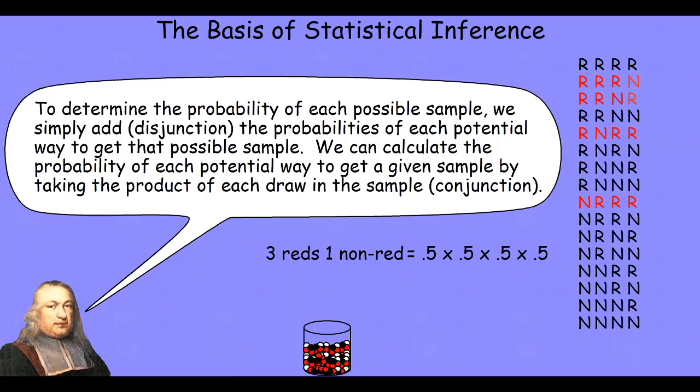There are 4 different possibilities for doing that, and so I will get the probability of any one of them, 0.0625, times 4, or added 4 times, and that'll give me the probability 0.25 as the probability of drawing a sample of 4 with replacement, where 3 of them are red, 1 of them is non-red.